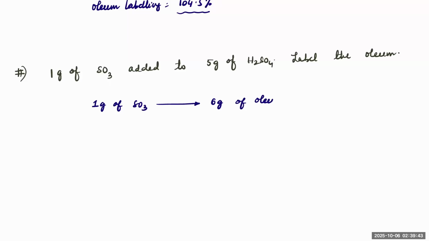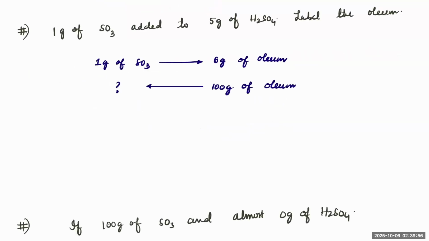Then 100 grams of oleum corresponds to how much SO3? The excess amount of SO3 is equal to 100 by 6.